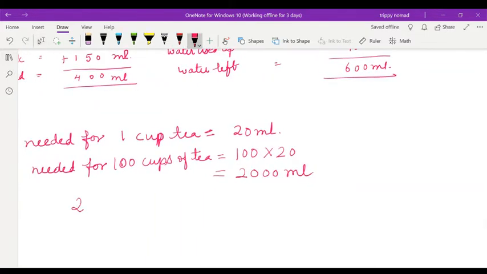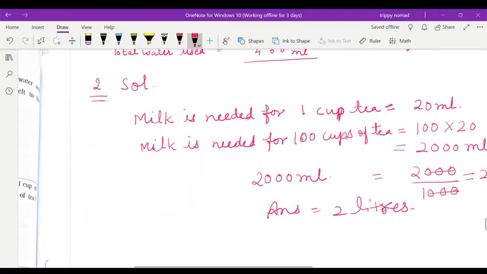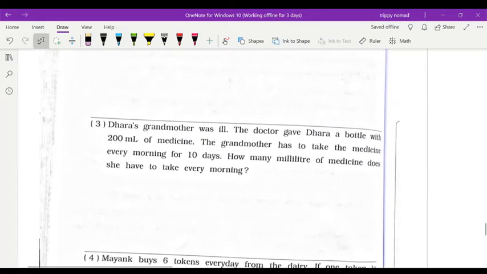And 2000 milliliter is equal to 2000 divided by 1000, that is 2 liter. So the answer is 2 liters. I hope you understood, children. Now we are going to start question number 3.